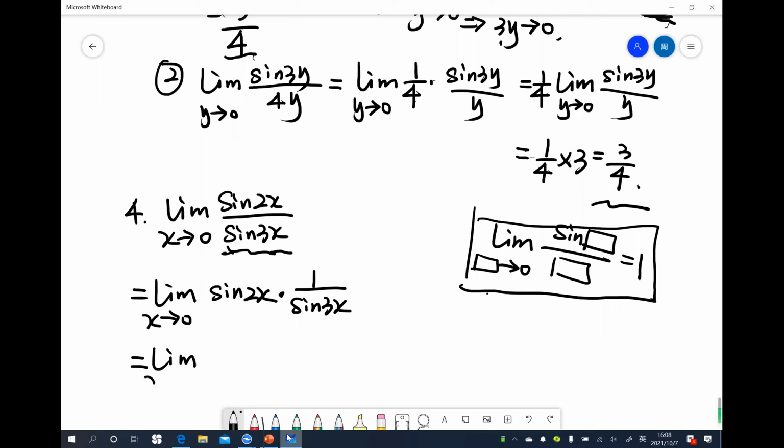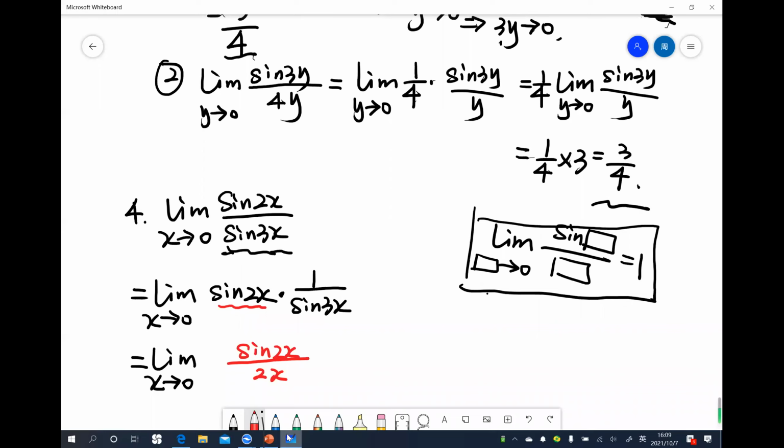I will not change x approaching 0. And here, I see sine 2x, right? So sine 2x. And if I want to use the formula, here must be divided 2x, right? Then I can use the formula, right, guys?